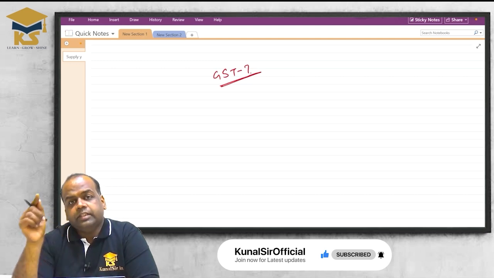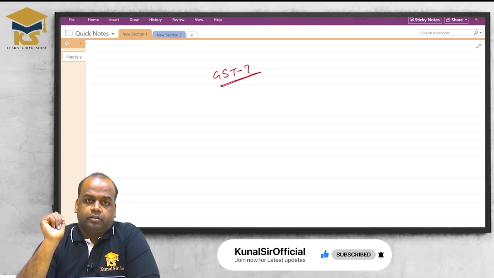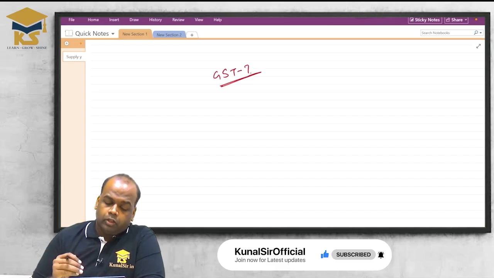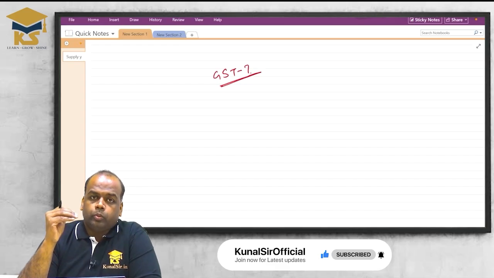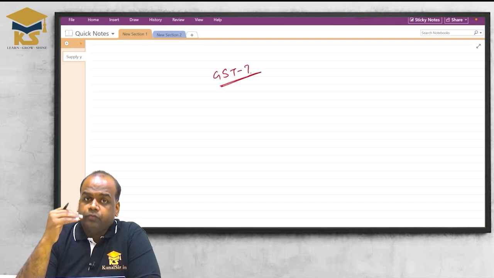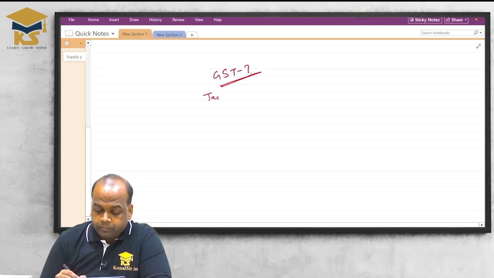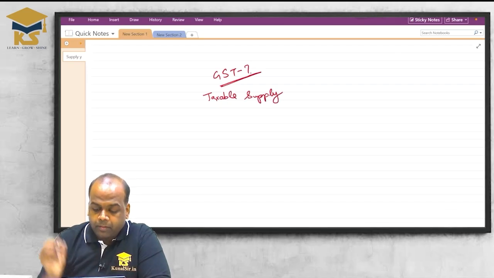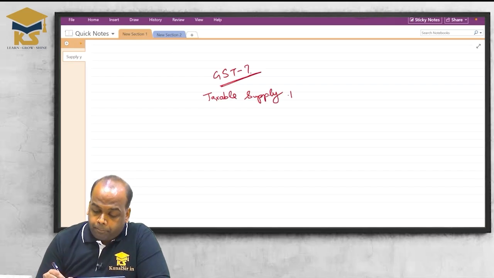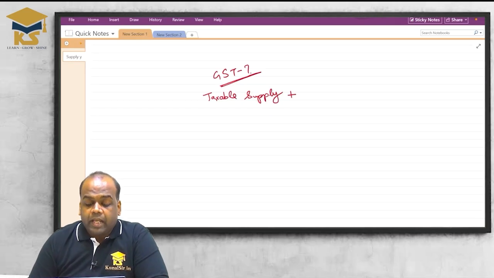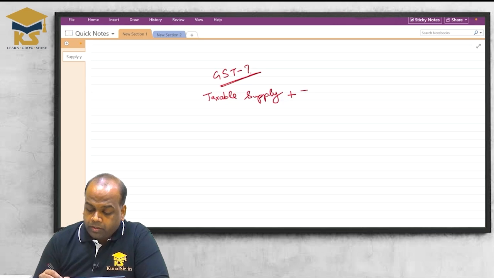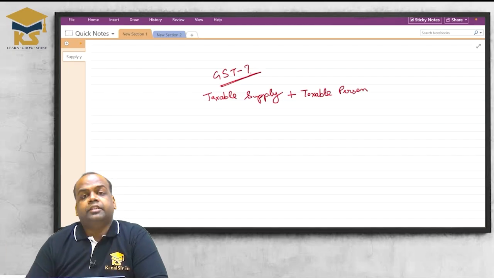So when GST is applicable, when you have to pay GST, the liability of GST arises when there is a taxable supply by a taxable person.